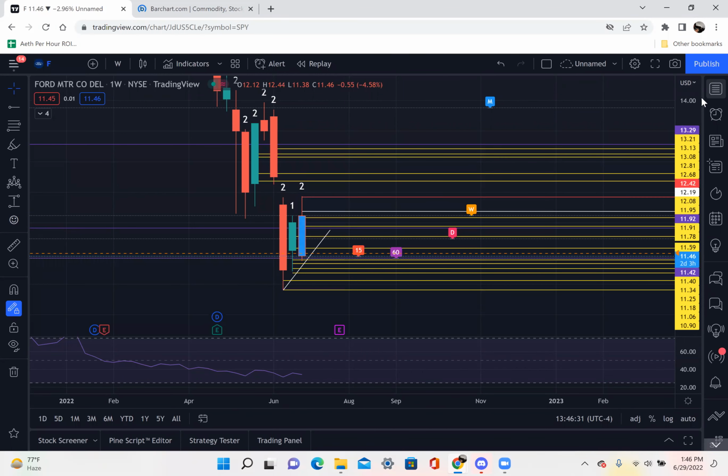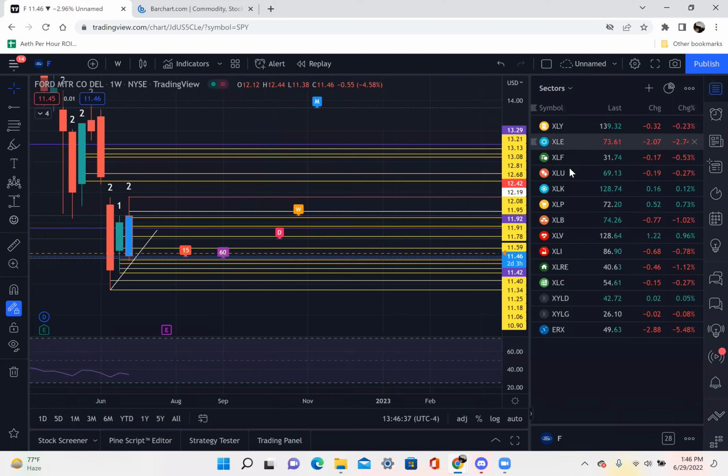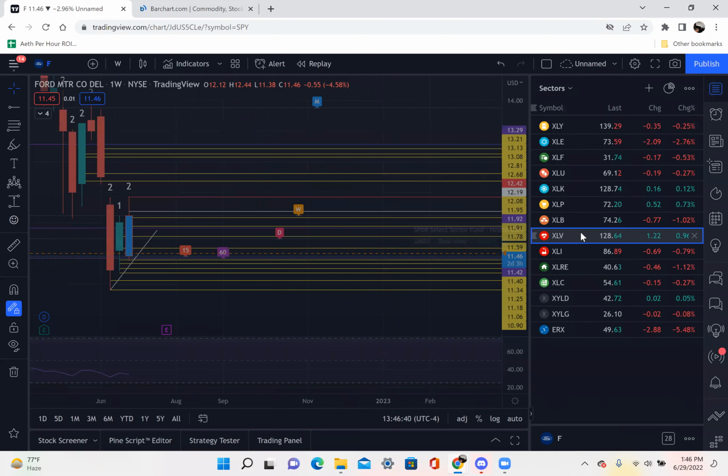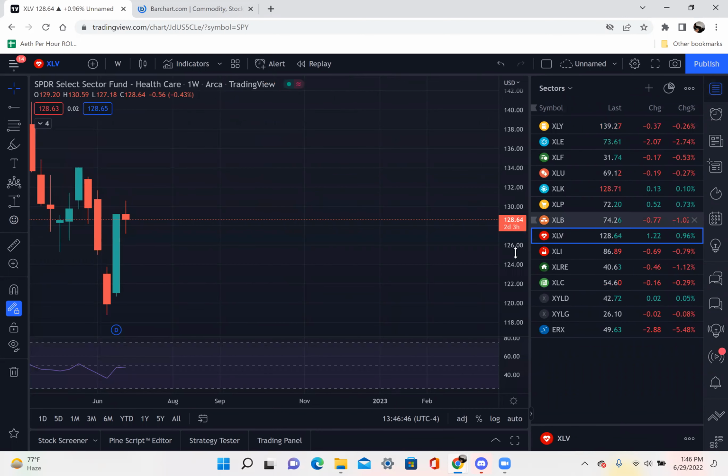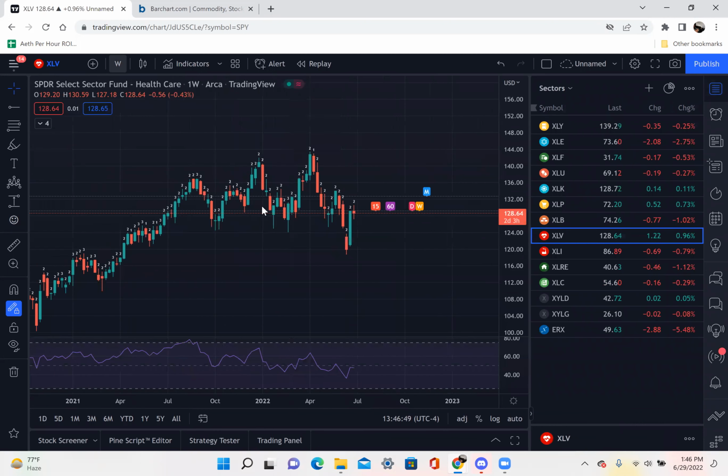Well, I told people to do it. Pull up your sectors, right? And XLV is healthcare, right there. Boom. Now you go look up XLV. Go to the option chain and try to cash something good off of it.